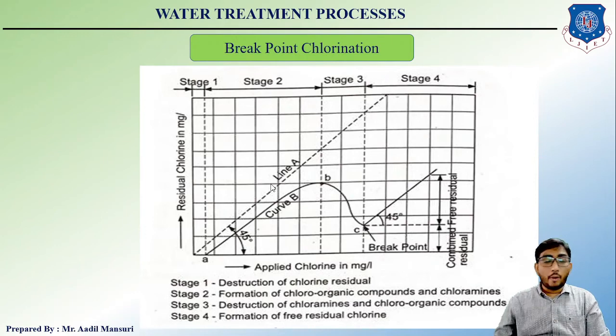Now, after meeting this immediate demand, the added chlorine continues to react with ammonia to form chloramines between point A and B.